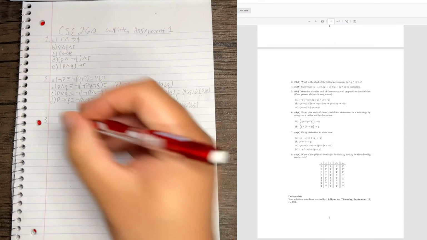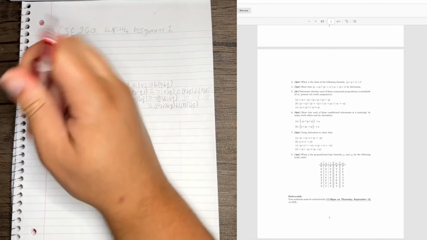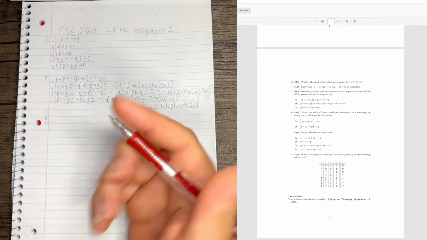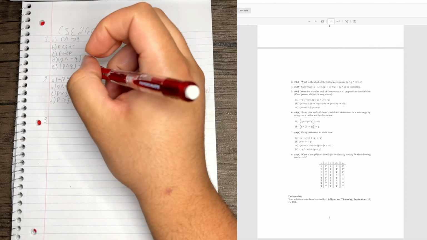Now we're on question 3. What is question 3 stating? What is the dual of the following formula? The dual is just swapping all truths to false, false to true, ors to ands, ands to ors. So that's literally all we're doing.